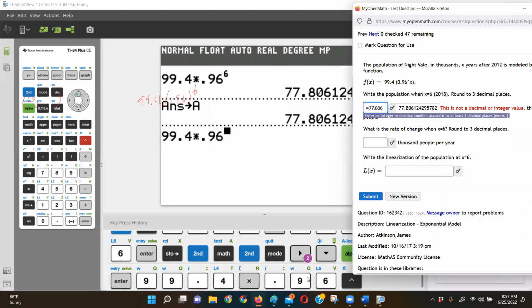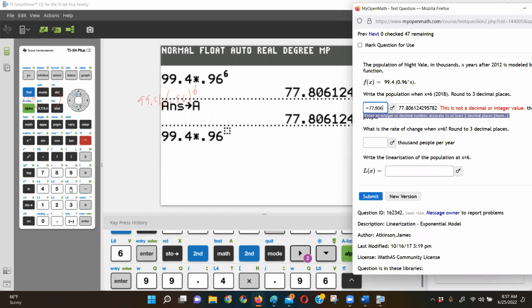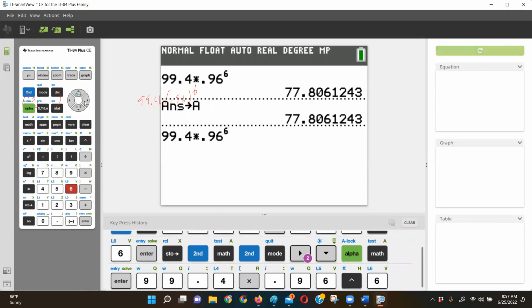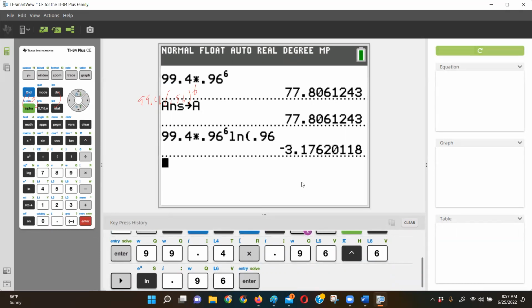Oh no, 6. At least they're being consistent. So raised to the 6th. And then I've got to remember to multiply by the natural log of the base. If somebody's going to get this wrong, that's usually what they miss. Because the derivative of e to the x is e to the x. So that's my rate of change.